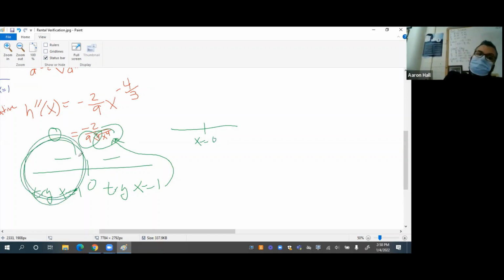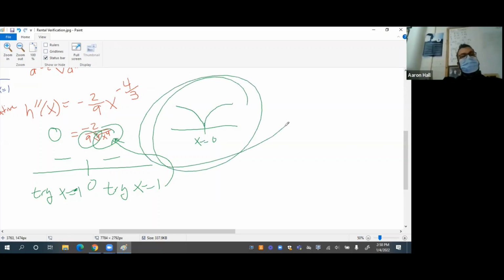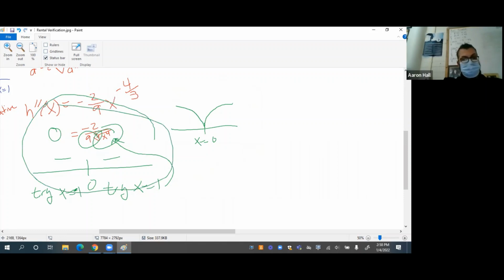So here is x equal to 0. On this side, tell me about the concavity. And on this side, concave down. So I have concave down followed by concave down. What is this? A cusp. Could it be a corner? Is it possible that this is a corner?